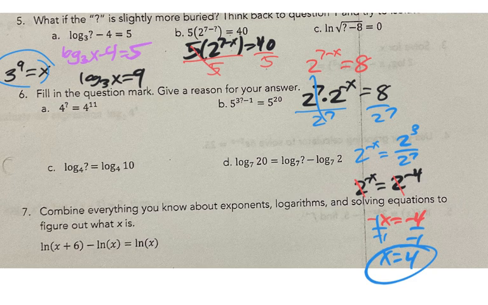I rewrite it as logarithmic. I could rewrite this because the power is isolated. This is log base 2 of 8 equals 7 minus x. What is log base 2 of 8? What's this asking? 2 raised to what power is 8?